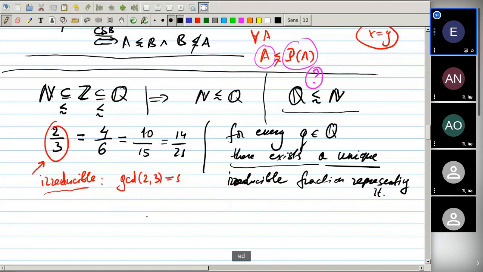Okay. And as an exercise, let's consider something like that. I don't know, minus 0.125. Is it a rational number?